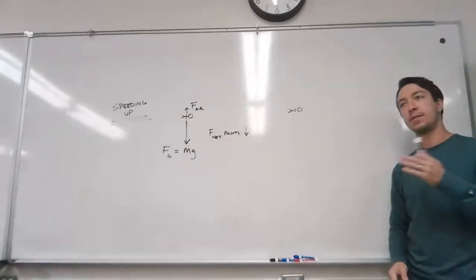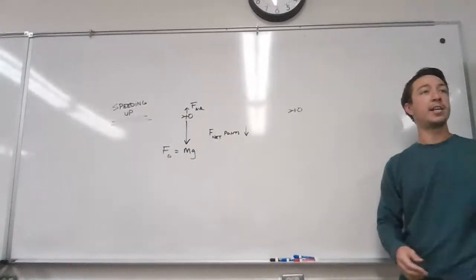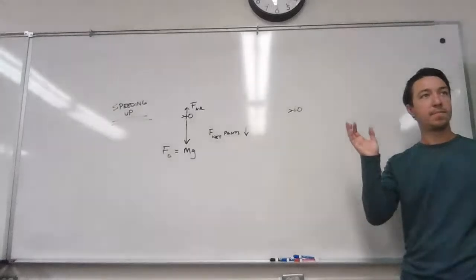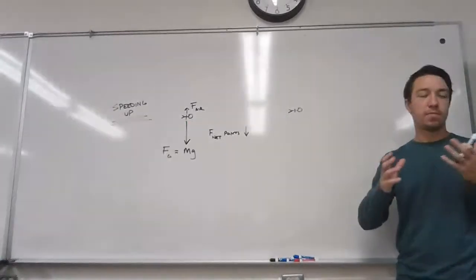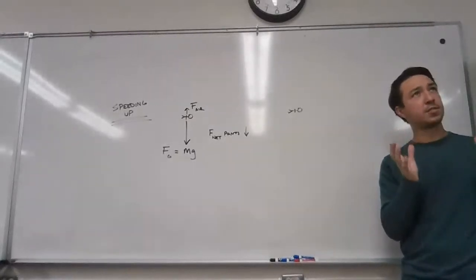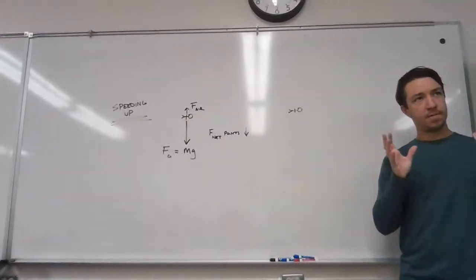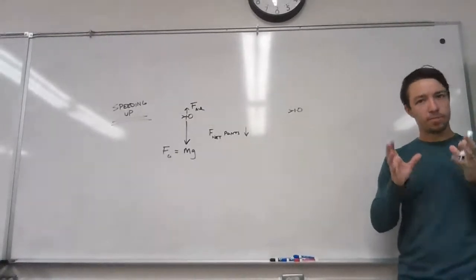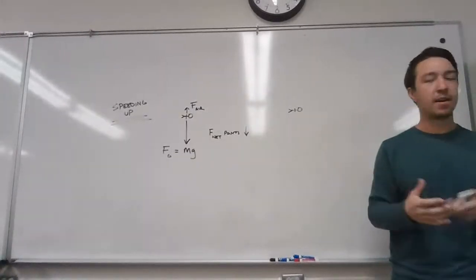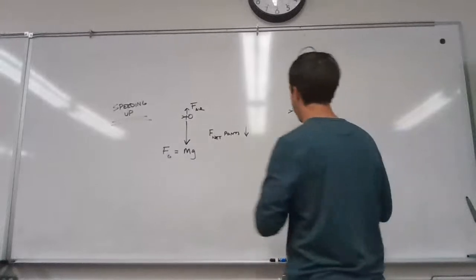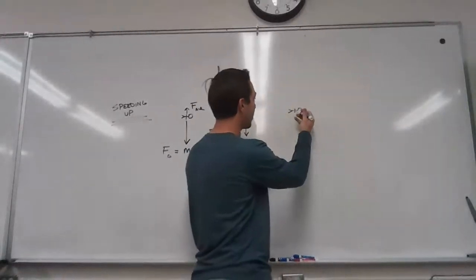You can take not only an entire class, but you can do an entire PhD in fluid dynamics, and there's actually still a big unsolved problem in fluid dynamics about what is actually happening on a small scale when something's traveling through a fluid like air. But anyway, modeling that accurately is very difficult.